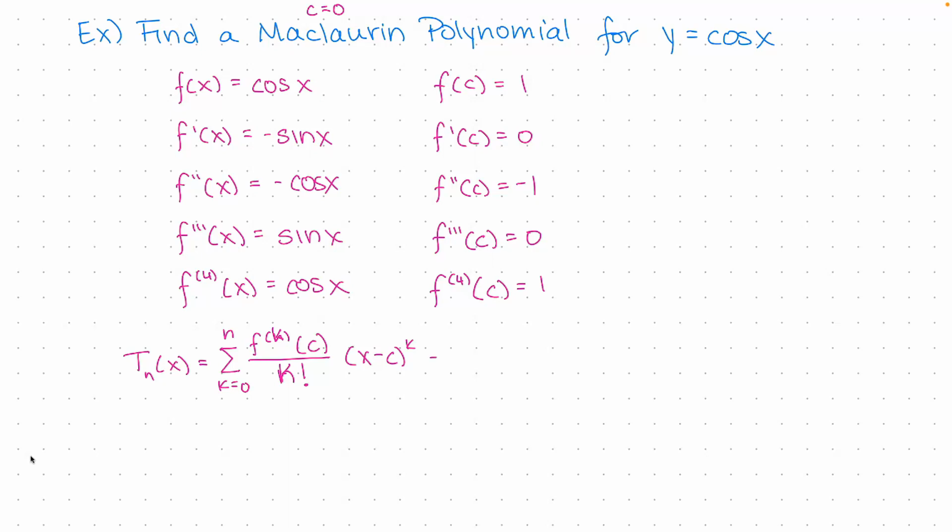So let's start with k equaling 0. If k equals 0, then we have the 0th derivative, which is like the function itself. So that's 1 on the top over 0 factorial times x minus c to the 0th power.